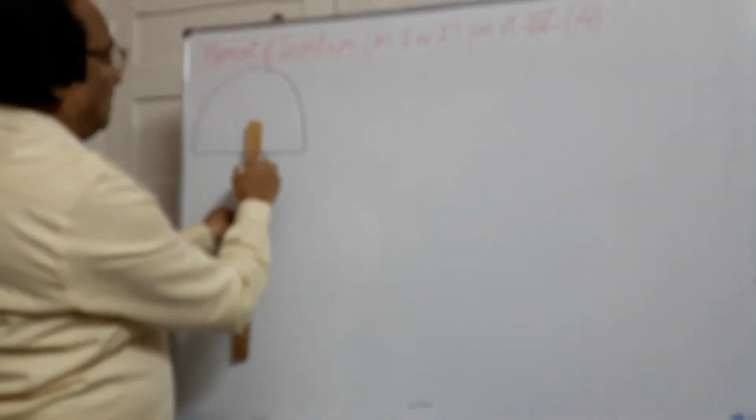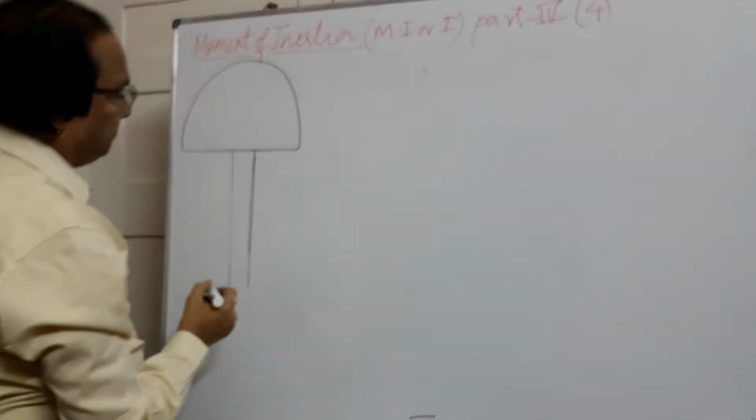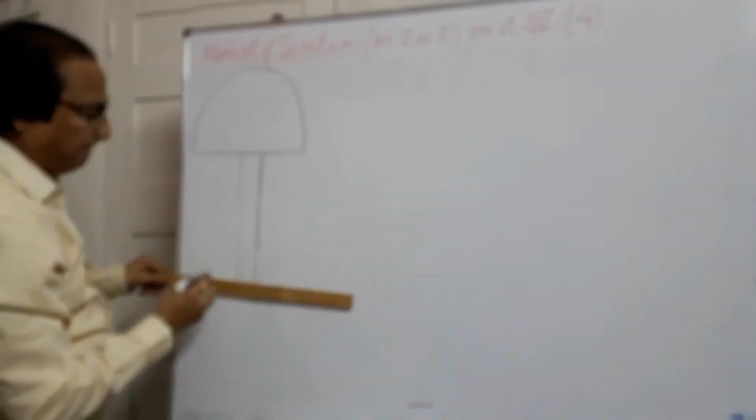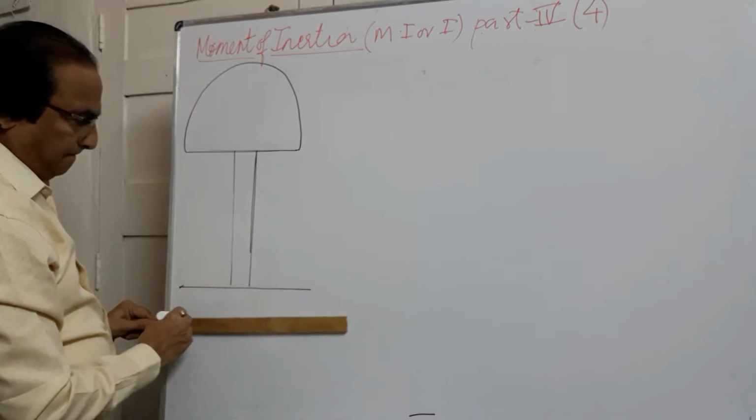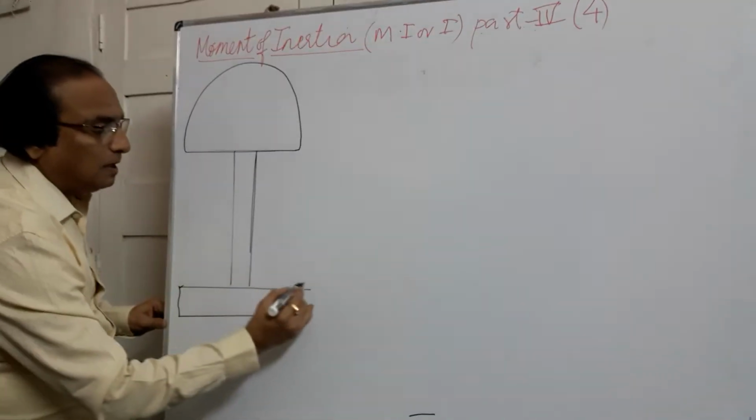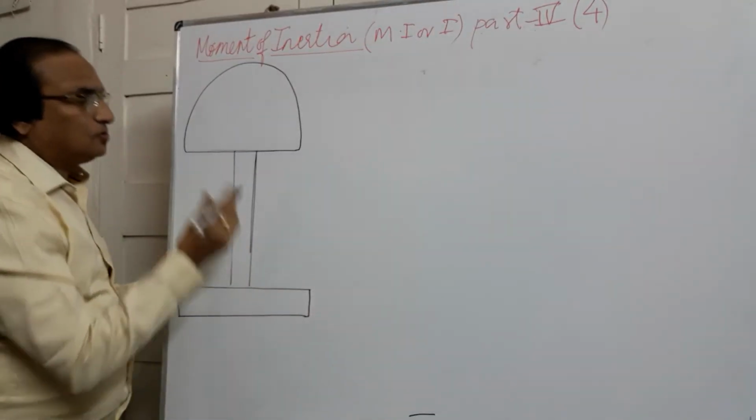I am taking a type of I section of a column cross section. It just resembles an I section, so I can call this an I section.